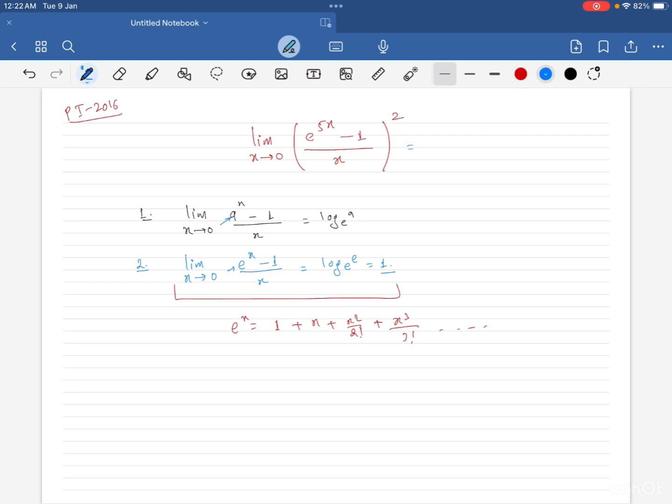We can write this as limit x tends to 0 of e to the power 5x minus 1 divided by x, and there is no harm in writing this square in terms of multiplication and applying the limits to the individual ones, right? It is e to the power 5x minus 1 divided by 5x, so this is going to be log e of e, which is 1, into 5. So that is going to be 5 into 5, that is 25.